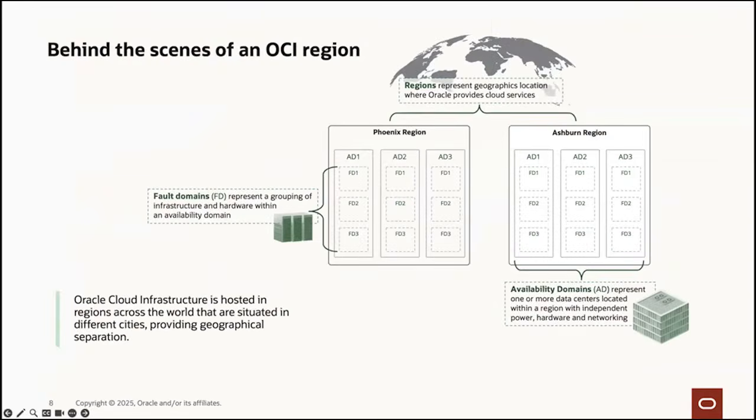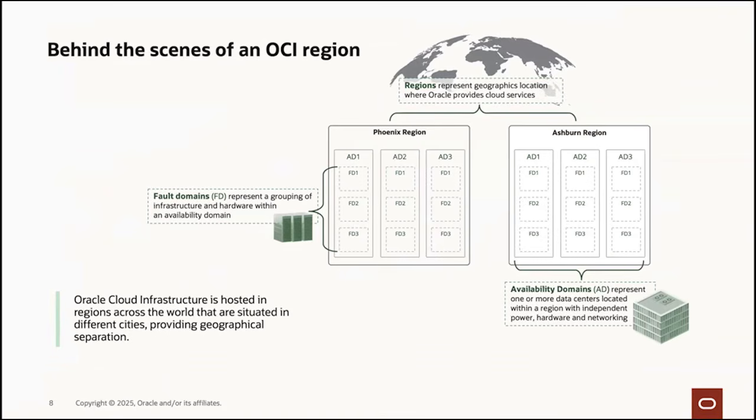So the regions are going to represent geographical locations where Oracle provides cloud services. Within a region, you have different availability domains, and the availability domains are essentially one or more data centers that are located within a region, and they have independent power, hardware, and networking.